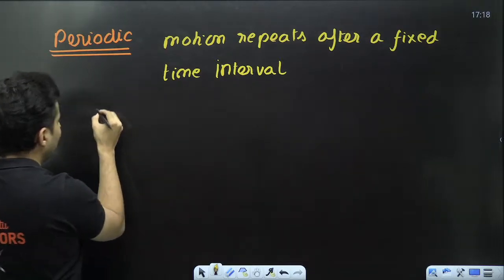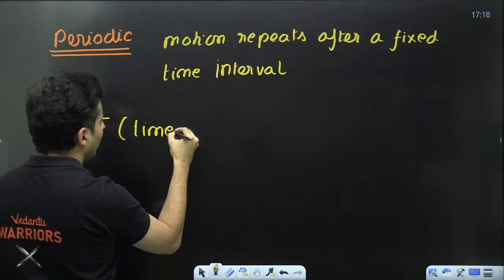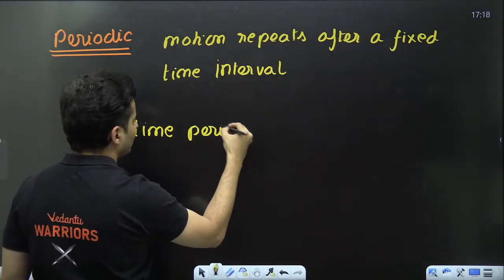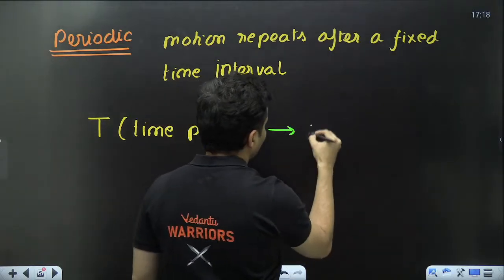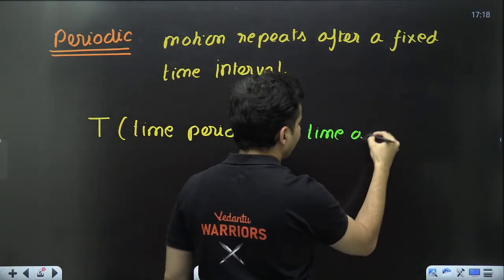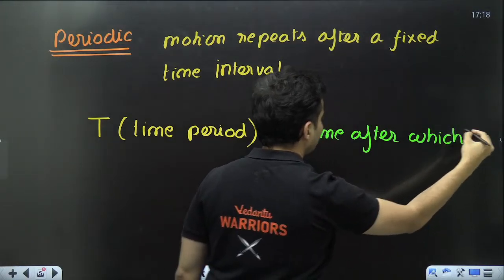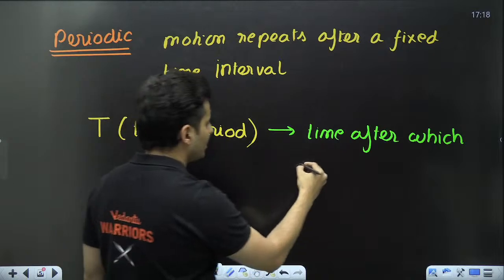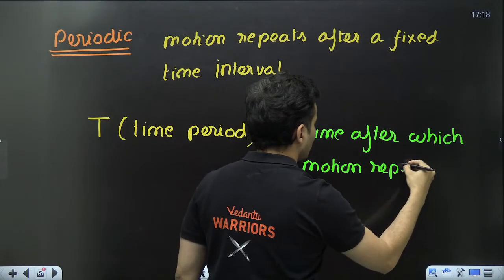That fixed time interval is also called the time period. Time period is basically the time after which the motion repeats itself.